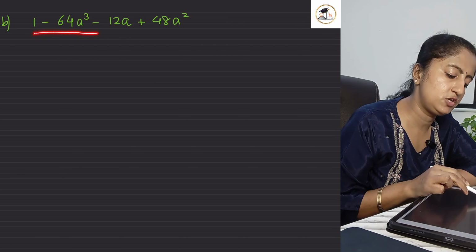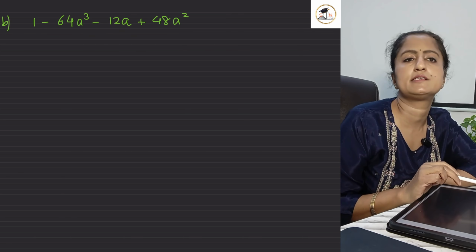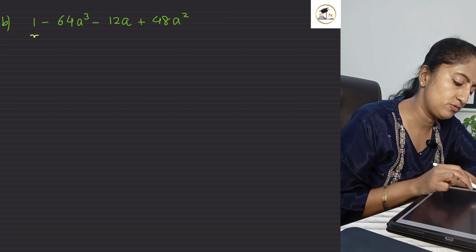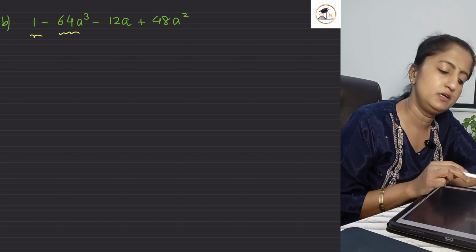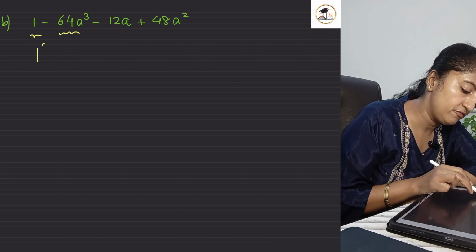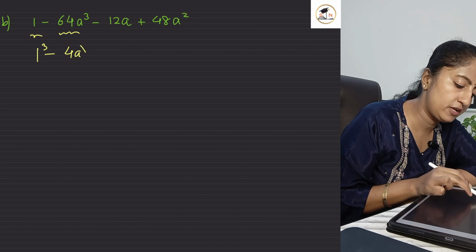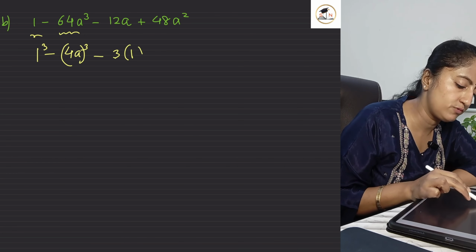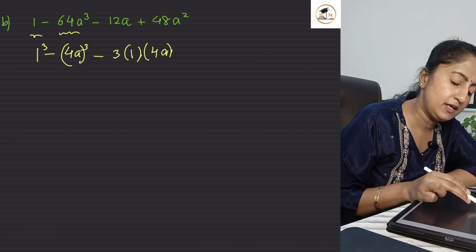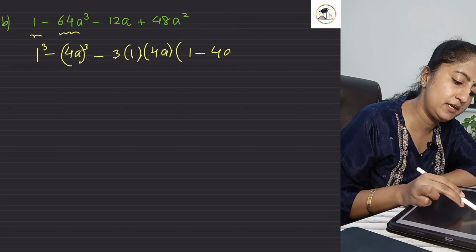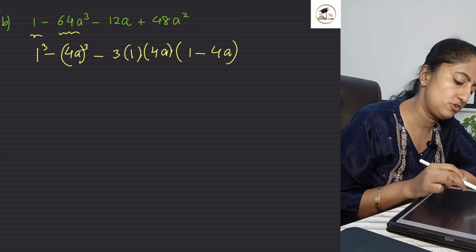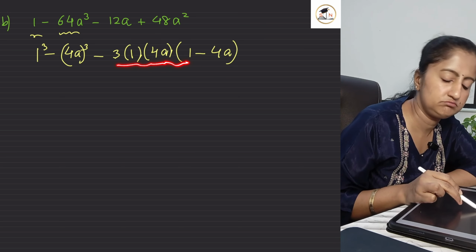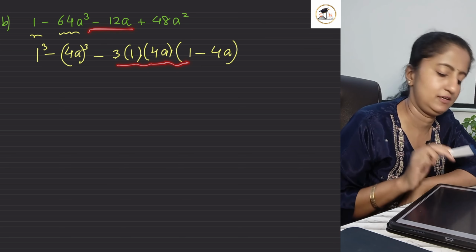Okay? Now, the next question. 1 minus 64a cube minus 12a plus 48a square. Okay, so which terms are the perfect cubes? It is 1 and 64a cube, right? So let's begin. We have 1 cube minus 4a whole cube, right? And then we have 3 times 1 times 4a in bracket 1 minus 4a, right? So cross check: 3 into 4, 12a, 12a into 1, 12a. So we have 12a, right?